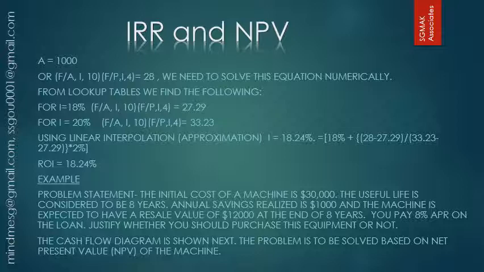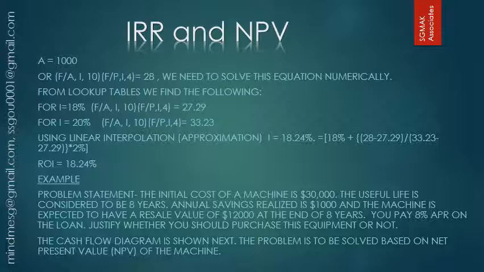For approximation, we'll do a linear interpolation, and it comes out to be 18.24%. So our approximate internal rate of return in this case comes out to be 18.24%. We can call it return on investment. That's the first part. Let's look at the next example.